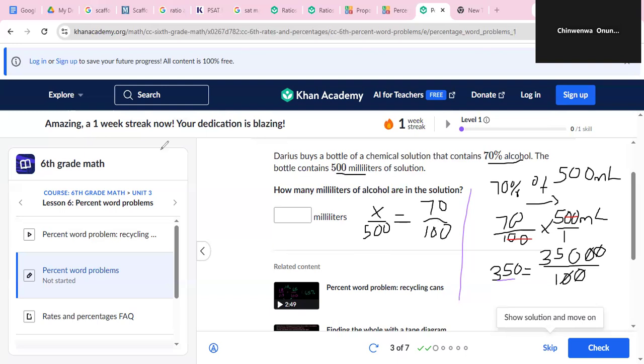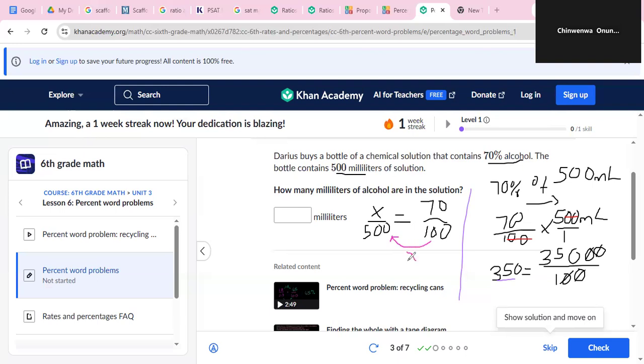And to solve for this, we'll just notice that 100 times 5 gives us 500. When we do the same thing on top, just multiply by 5.